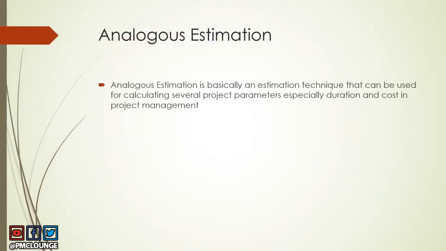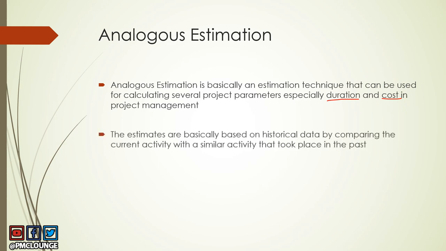So analogous estimation is basically an estimation technique that can be used for calculating several project parameters, especially the two pointed out here, duration and cost. So this is where in project management the technique is used the most. Now, the estimates are based on historical data, by comparing the current activity with a similar activity that took place in the past.